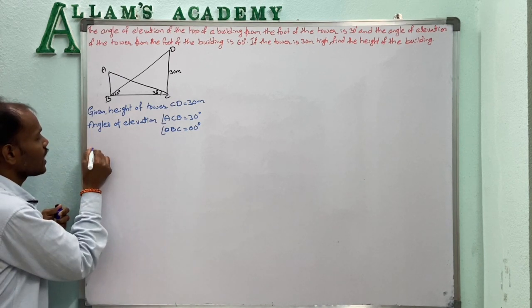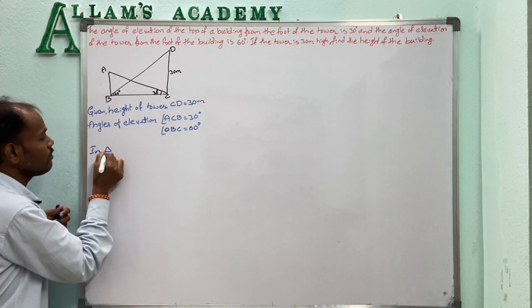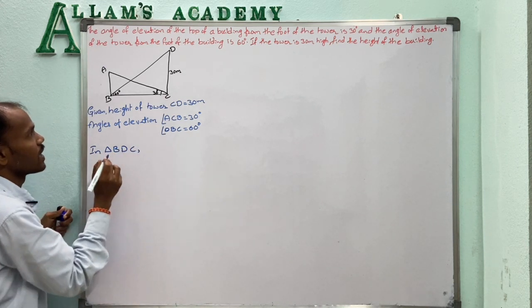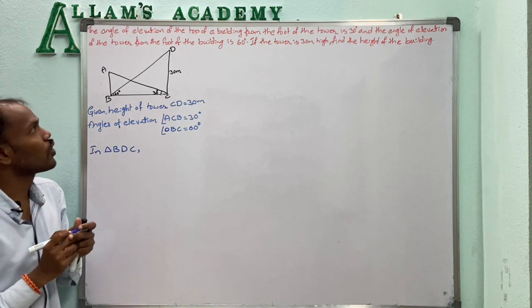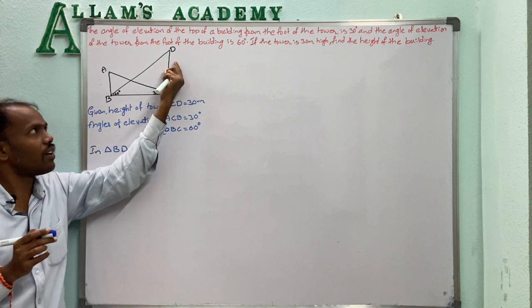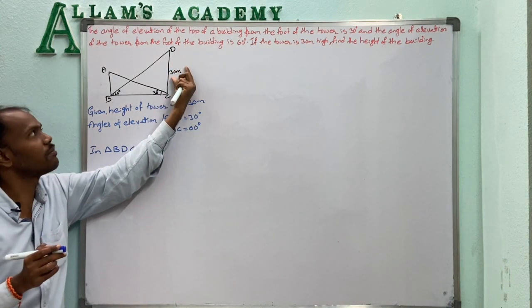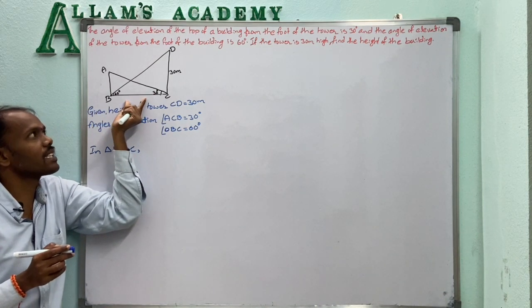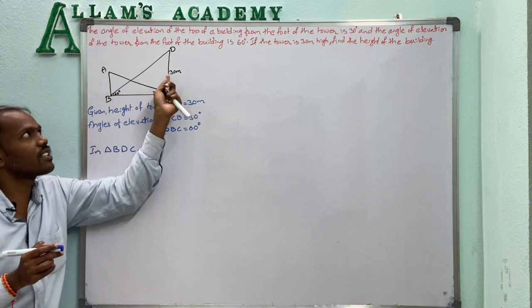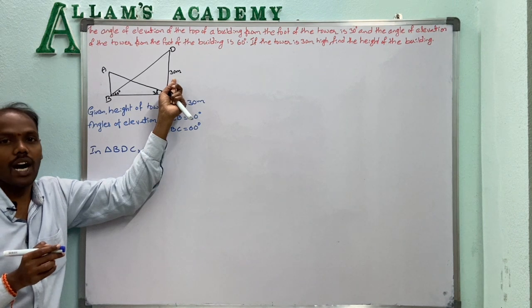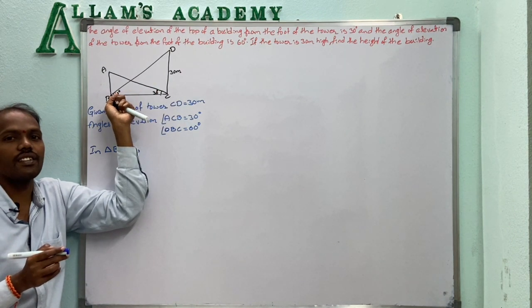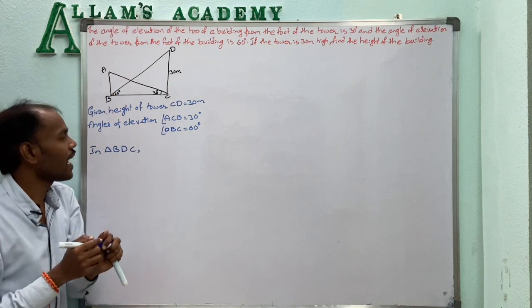So in triangle BDC, we know the height CD is 30 meters and the 60 degrees angle is given, to find BC. For the 60 degrees angle, CD is the opposite side and BC is the adjacent side. So we can apply tan theta.